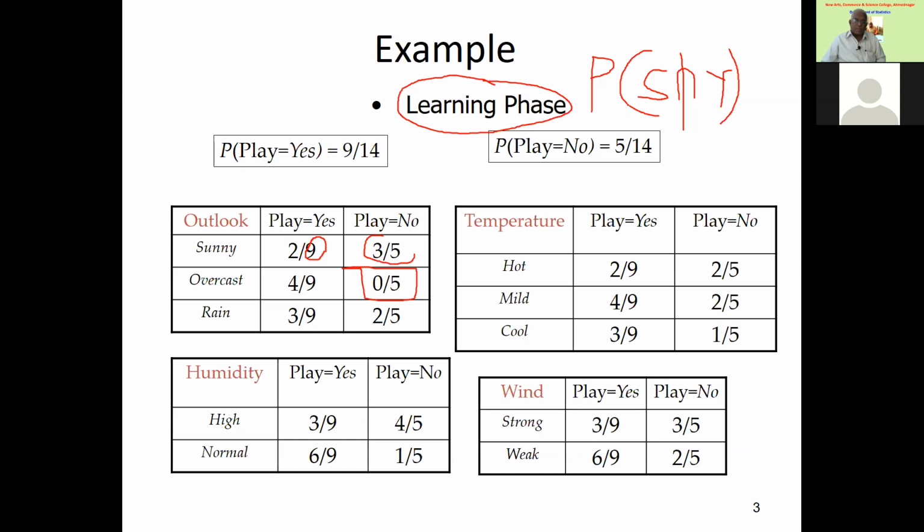Day is sunny, there are fewer chances to play. Under what condition can you say that there are very high chances not to play? So you can say when humidity is high, there are very high chances not to play.